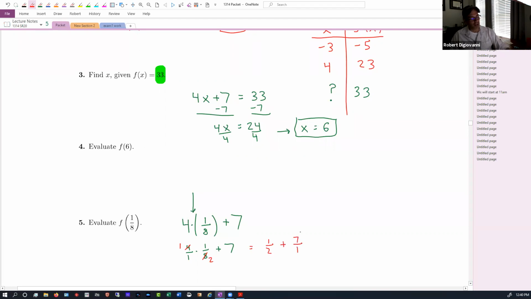And I'm going to write 7 as 7/1 so that I can do that little cross multiply thing. 1 times 1 is 1. 2 times 7 is 14. And then over 2 times 1, which is 2. So this should give me 15/2. So if I plug 1/8 into this function, it's going to come out as 15/2. All right.